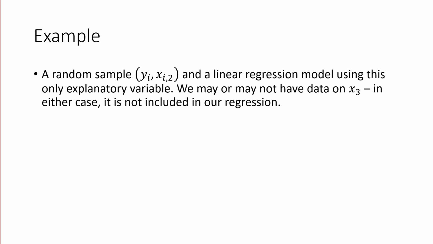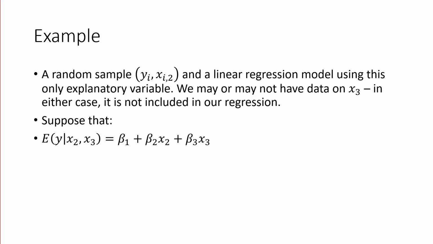So I run a regression of y on only x2. So suppose that this relationship holds. The expected value of y given x2 and x3 actually depends on both x2 and x3. And let's assume that it is a linear relationship between them.